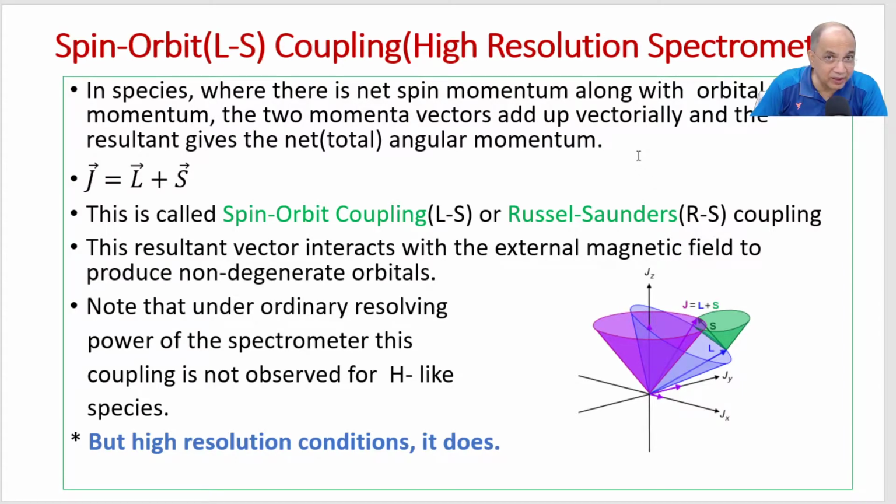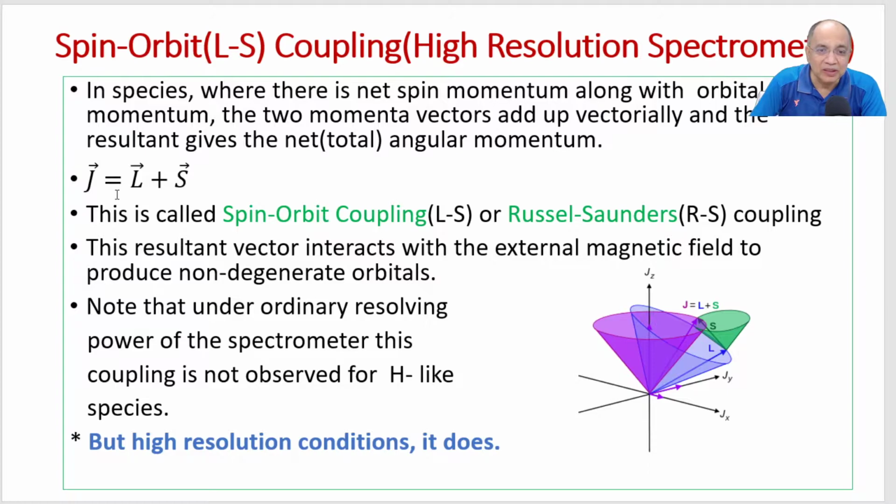When there is an unpaired electron like sodium 3s1, hydrogen 1s1, in such cases spin orbit coupling will occur only under high resolution spectrometry. In species where there is net spin momentum along with orbital momentum, the two momenta vectors add up vectorially, and the resultant gives the net or the total angular momentum, right?